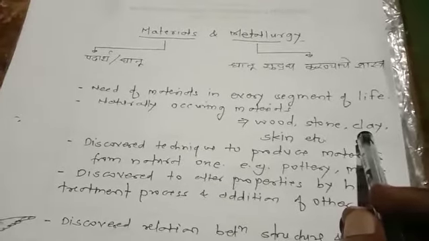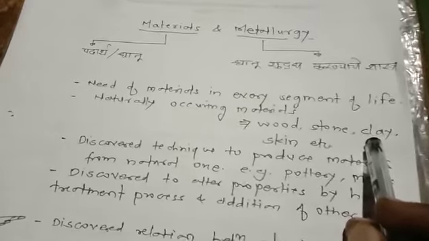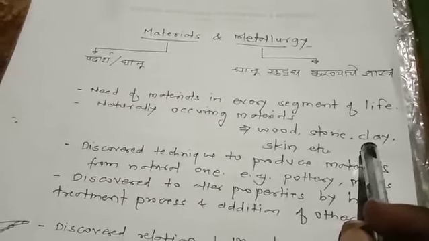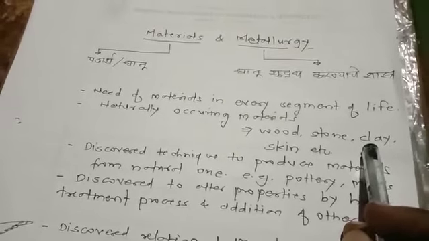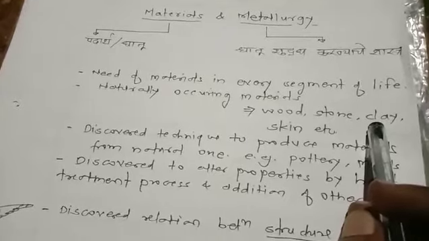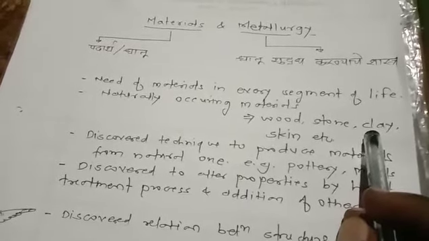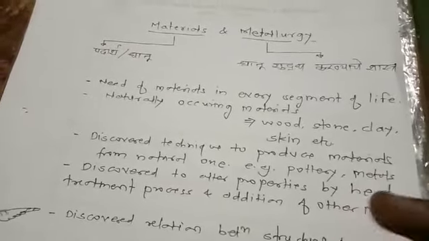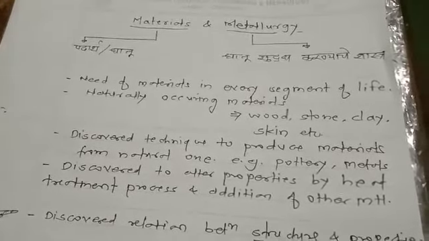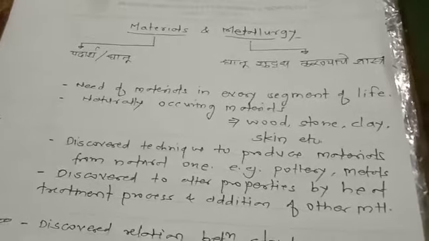But when we move to engineering problems or applications, we need different materials. We'll see later what materials can be used for engineering purposes. The very important thing is we need material for every segment of life, every day-to-day life.